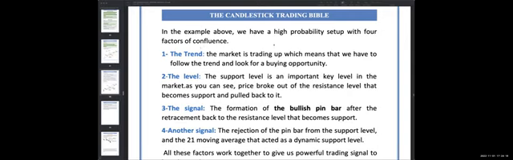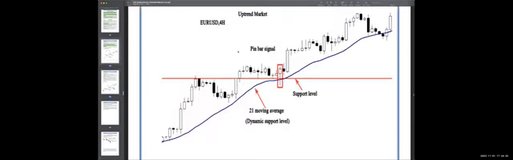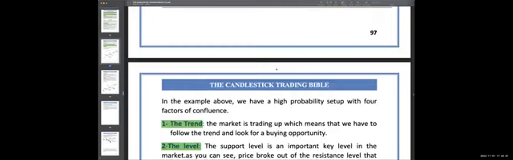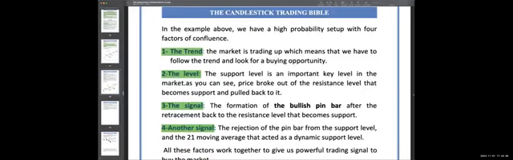So in the example above, we have a high probability setup with 4 factors of confluence. There is the trend, the level, the signal, another signal. So let me just check what signals they're talking about because we've got a pin bar. Okay, let me just read. The trend, the market is trending up, which means that we have to follow the trend and look for buys.